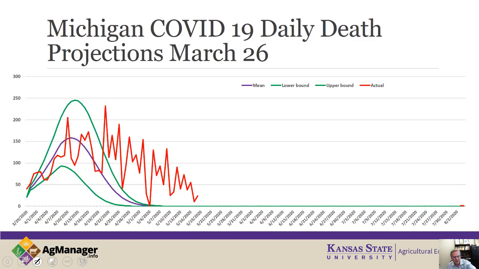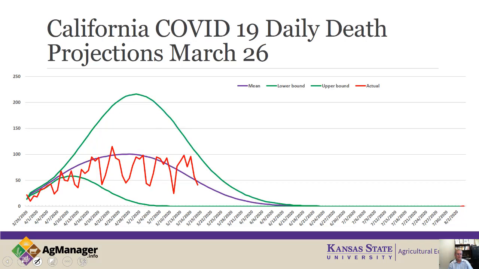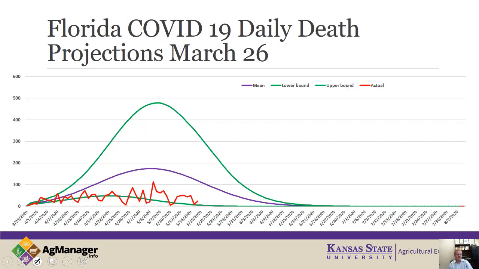In Michigan, the trend line is going down since about the 3rd week of April. California, in some respects, has been slightly down since then. Again, it does seem to be following the distribution a little bit, normally on the low side, but over the last week or two it's a little bit above.